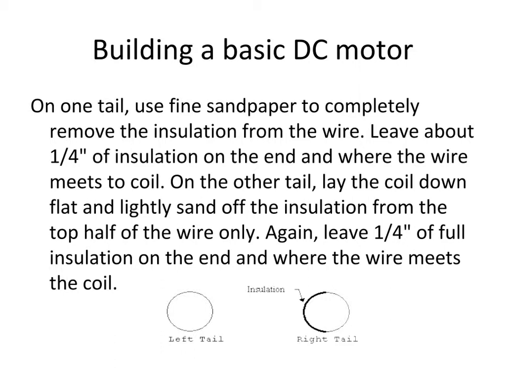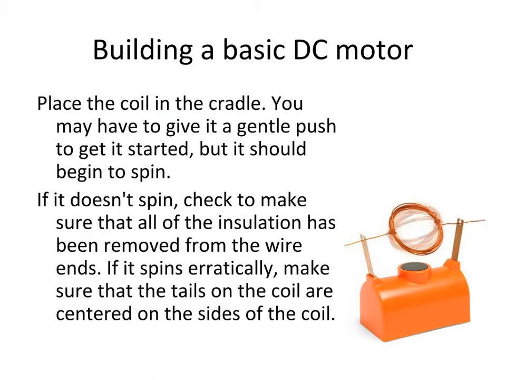If you're going to try this, it's a good idea to remove some of the insulation from the wire with some sandpaper. Fine sandpaper usually works well if you're going to try that. And so it might look something like this.